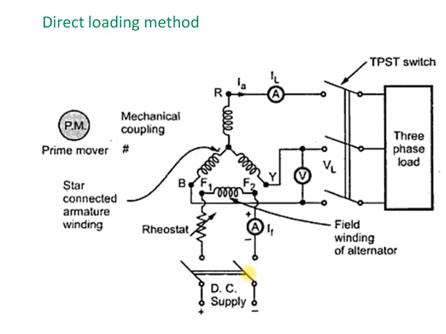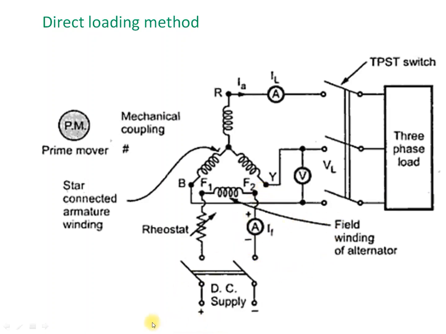So the first one is the direct loading method. In this method we load our alternator with a three-phase load. By directly loading we get the voltage regulation. At first we measure the terminal voltage by not giving any load, that is the no load voltage, and after giving the full load we measure the full load voltage.